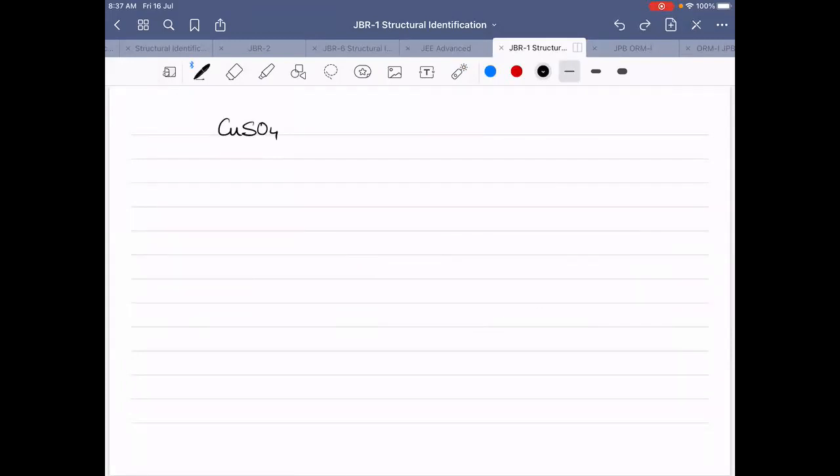This copper sulfate will be added with an alkali, sodium hydroxide. So it will convert into cupric hydroxide. Cupric hydroxide means Cu(OH)2. This compound will be reacted with this one.